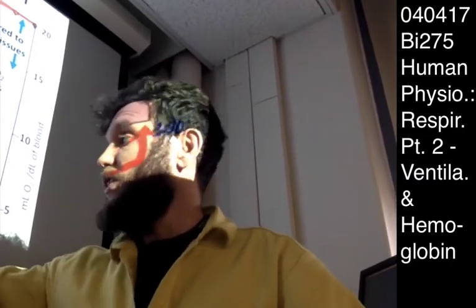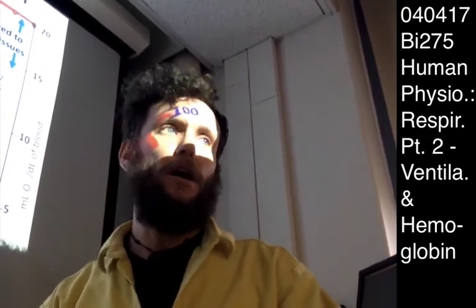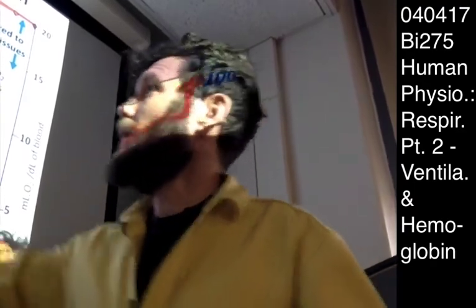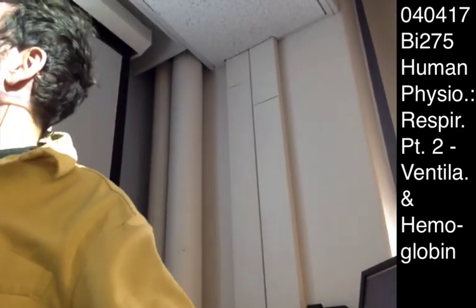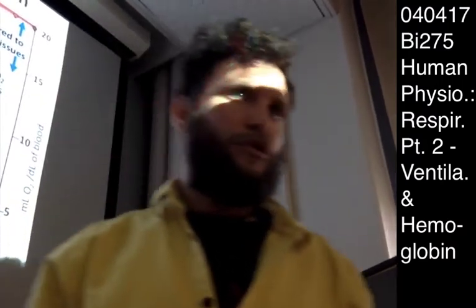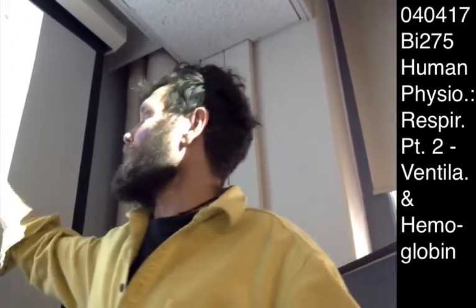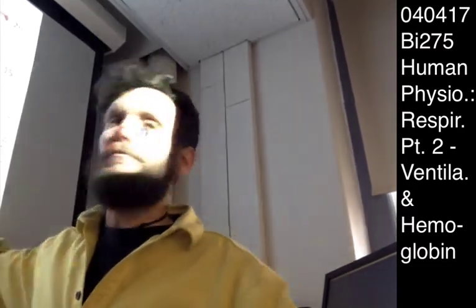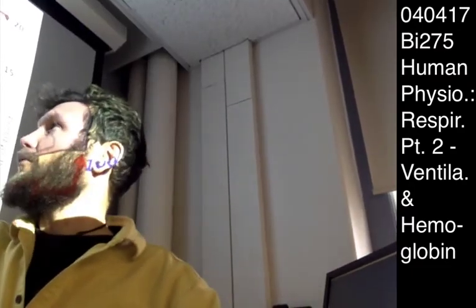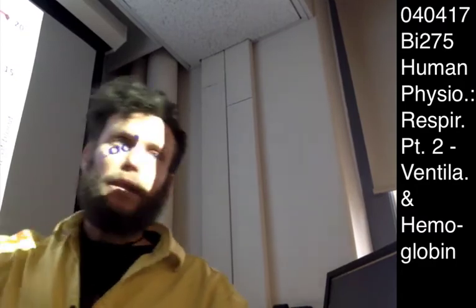At this concentration of oxygen, we have about a 75% saturation rate. So in general, moving from the lungs to the peripheral tissue, your hemoglobin is delivering about 25% of the oxygen that it's carrying.